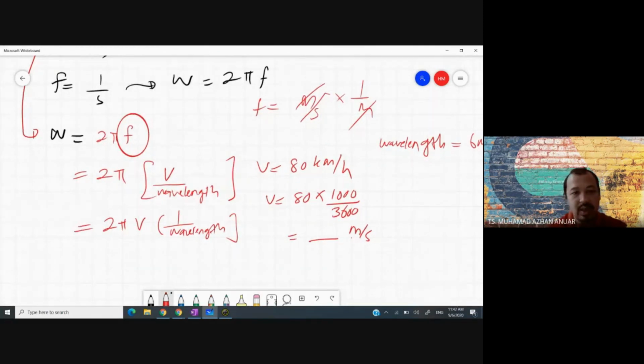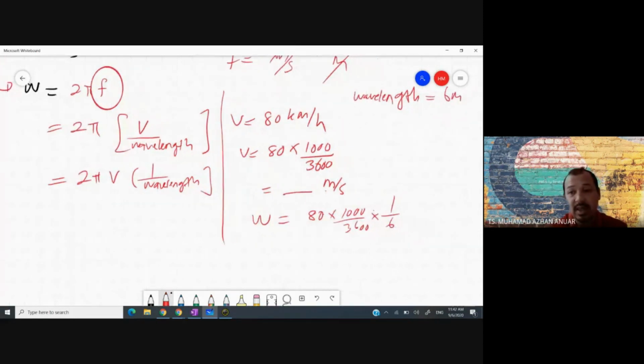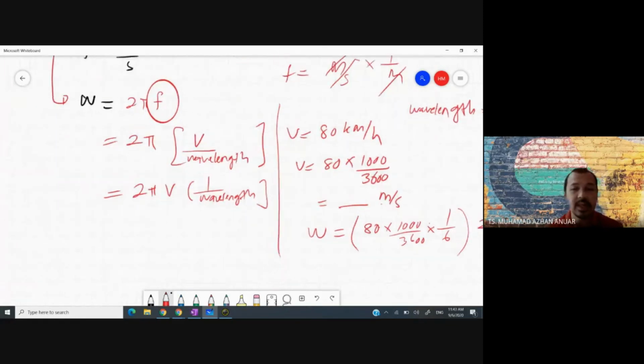So in order for us to calculate the omega here, that is equal to 80 multiplied by 1000 divided by 3600 multiplied by 1/6, and then don't forget to multiply by 2 pi. Then you get the omega.